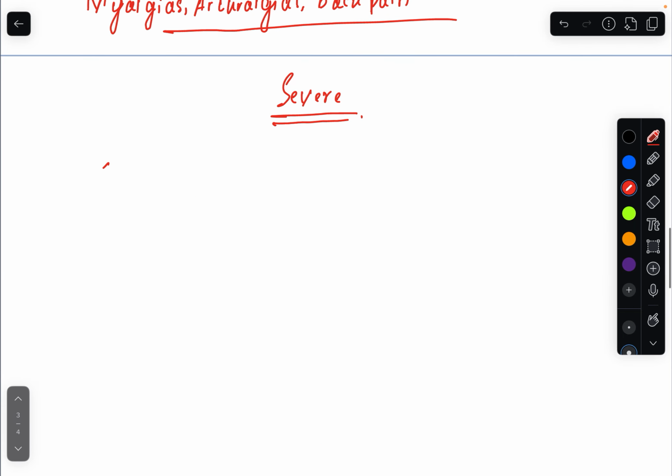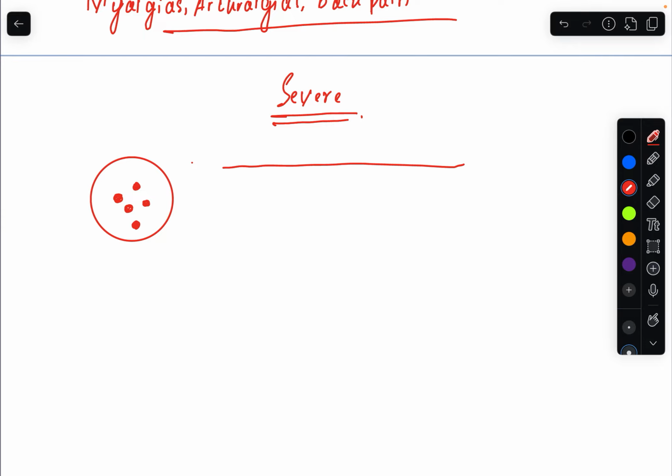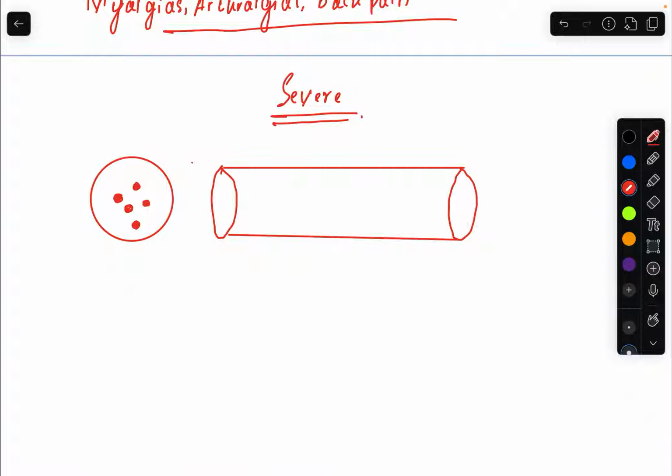So let's suppose this is our red blood cell. It is infected with merozoites. Let's suppose this is a capillary.